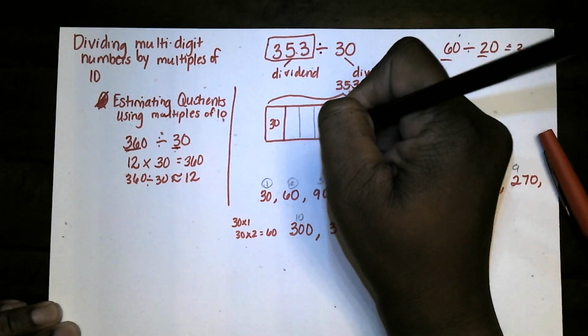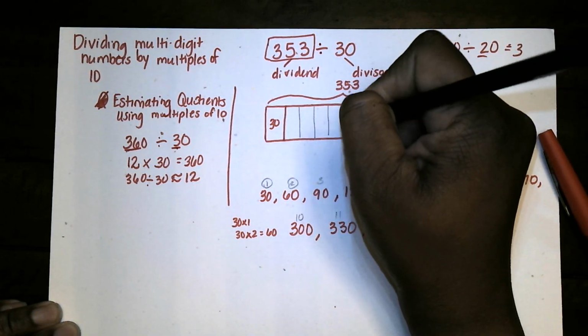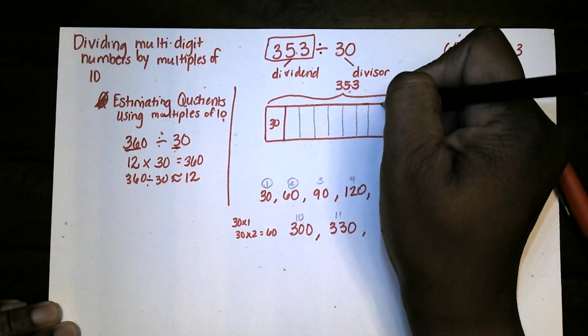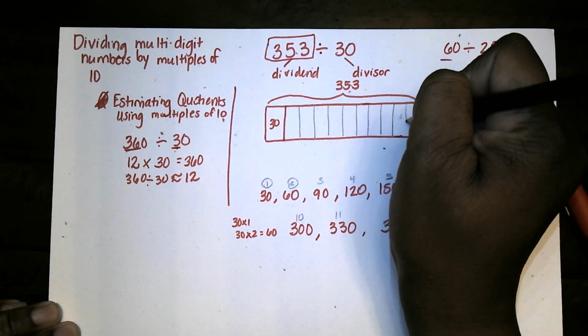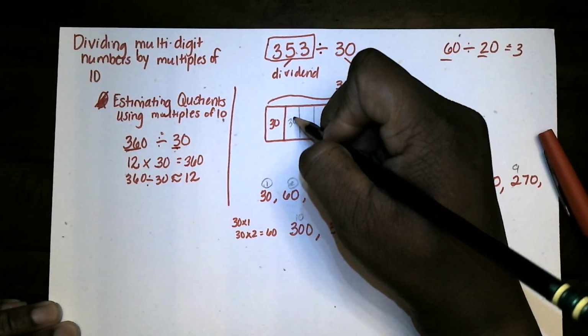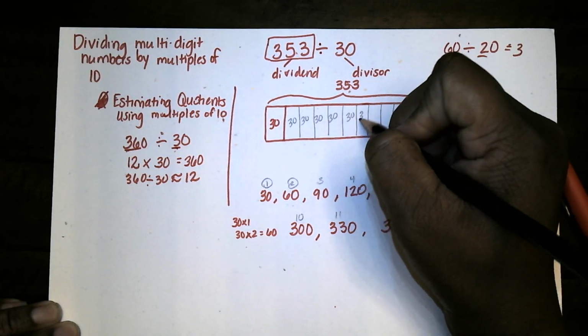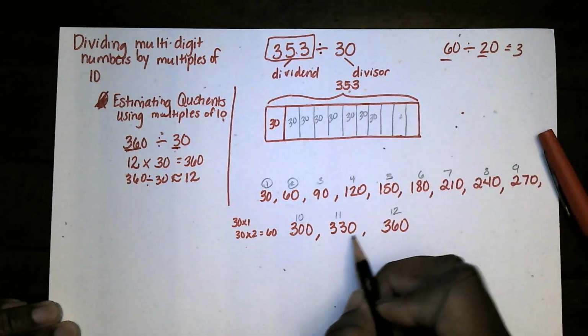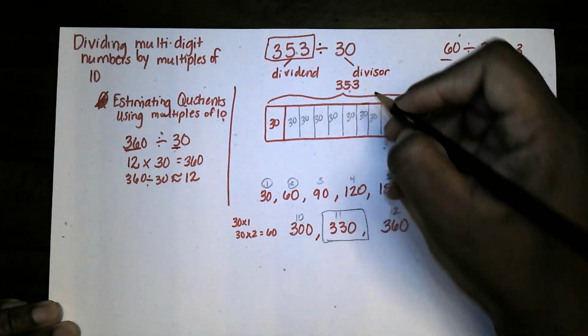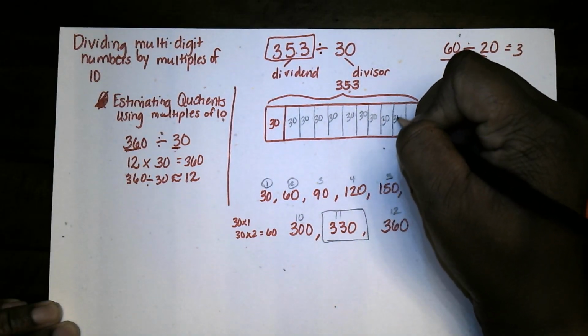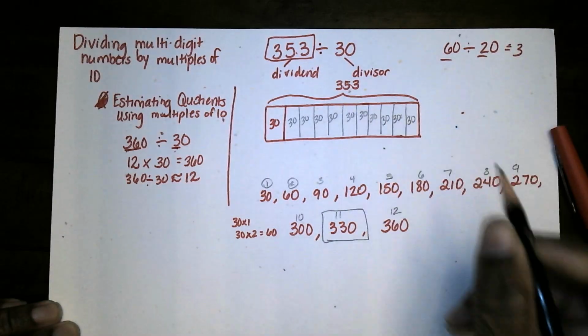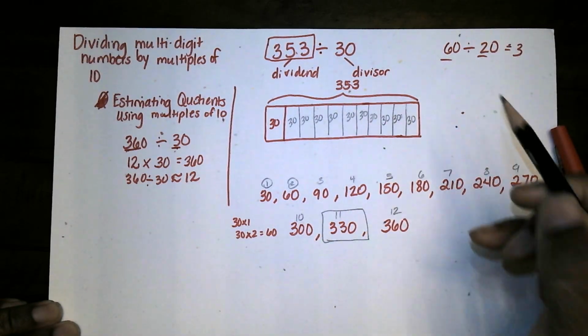3, 4, 5, 6, 7, 8, 9, 10, 11. And each of those will be 30 full sets. Now we can clearly see that that gets us to 330, which is not the entire dividend of 353.